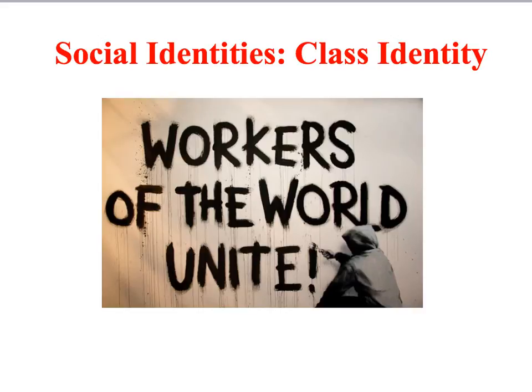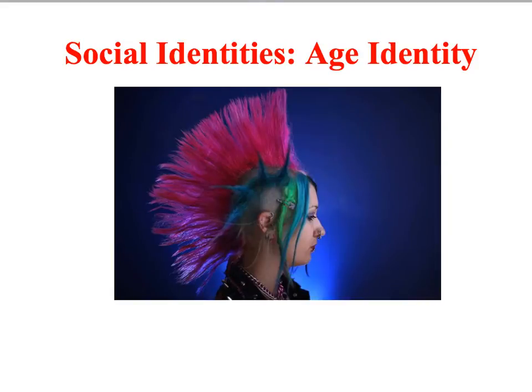Age is another aspect of social identity studied by sociologists. Sociologists would argue that we shouldn't simply see age as a biological concept. Age is also socially constructed, so it's shaped by our culture and our society. People experience the aging process in different ways depending on the cultural context. Later on in the course we'll be looking at youth culture in a lot more detail.